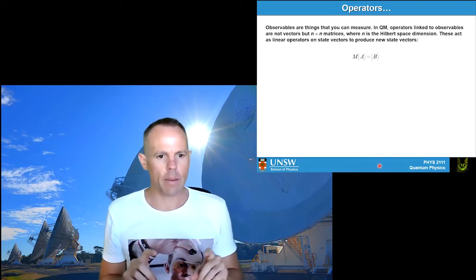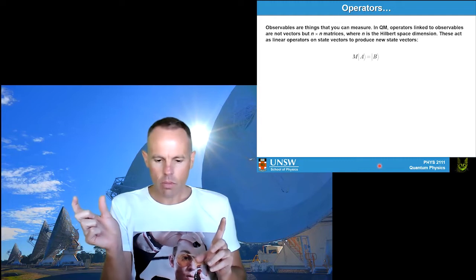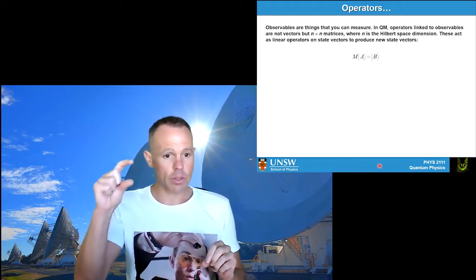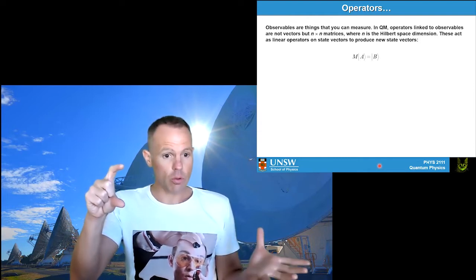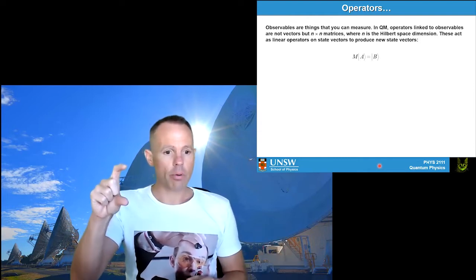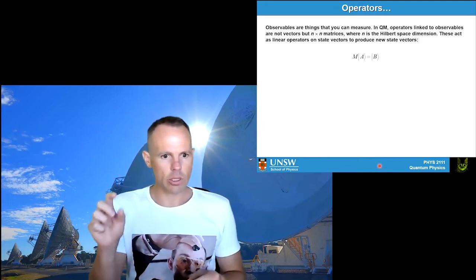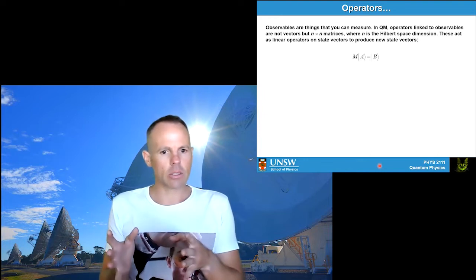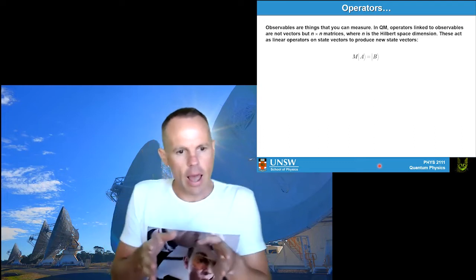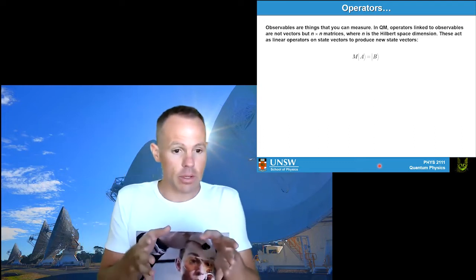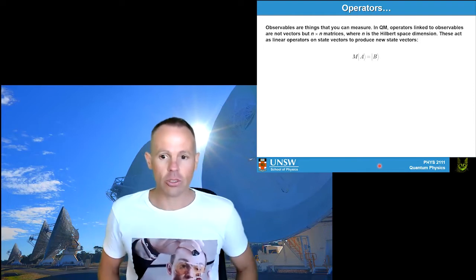To give you one example right now, the measurement of projection of spin along the z direction is an observable. It's a thing that we can measure. It will have an operator connected to it, and as we'll see in the lectures that follow this one, it's an operator called sigma z, and it has a matrix. We're in a two-dimensional Hilbert space, so it's a 2x2 matrix, and that thing represents that measurement, and it does things to vectors. We'll talk a little bit more about exactly how that works as we go forward.